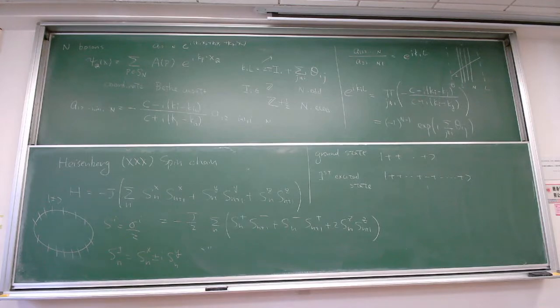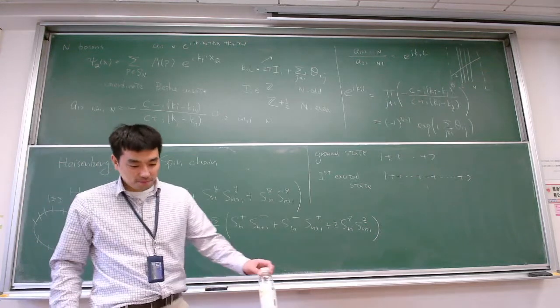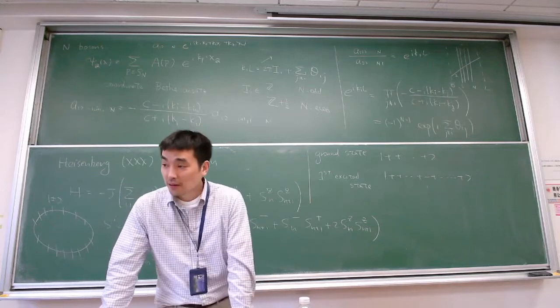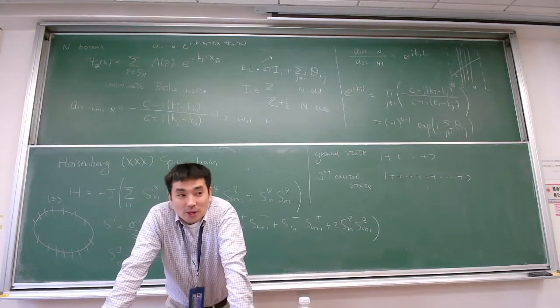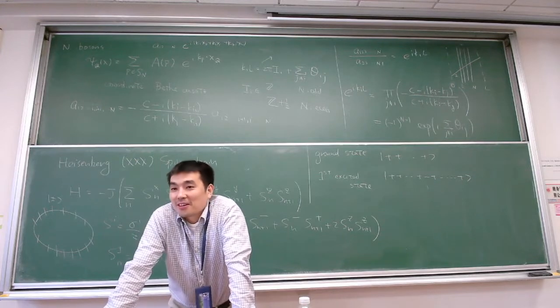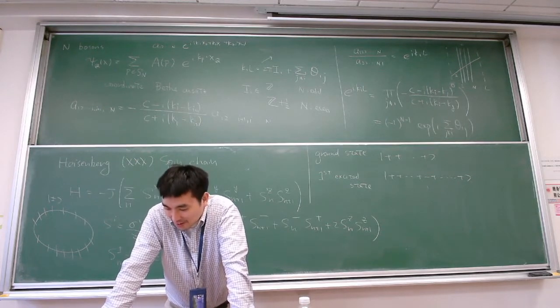I think this system is gapless and we cannot make the first excited state. Why? The spectrum should be continuous. Why does the spectrum have to be continuous? Why do you think it's continuous?